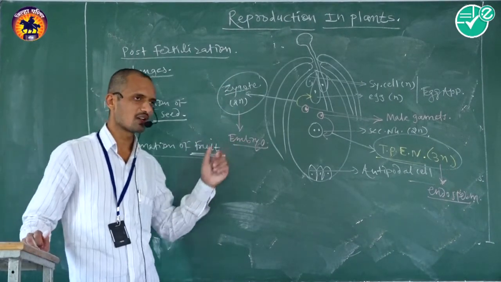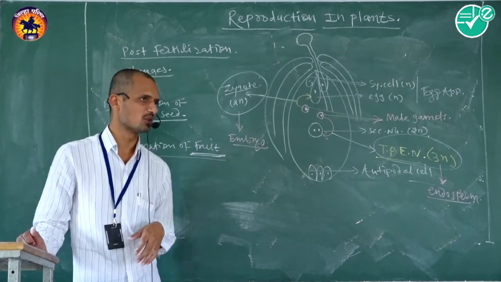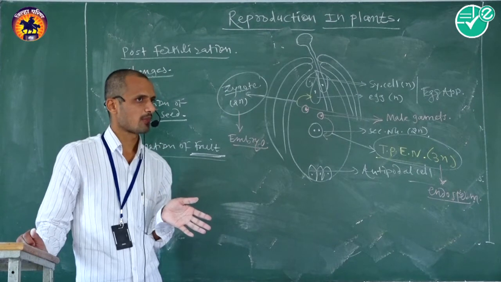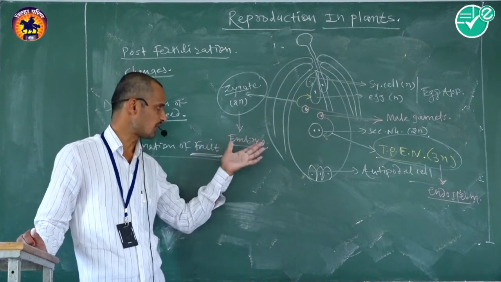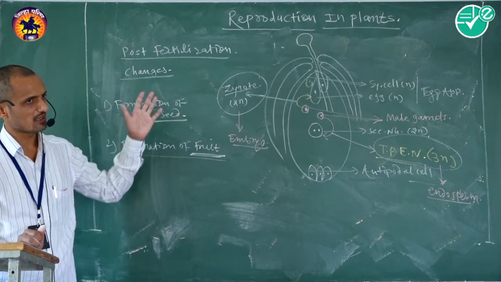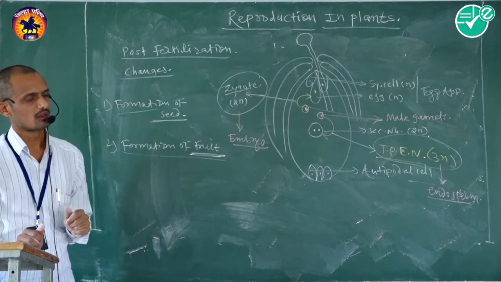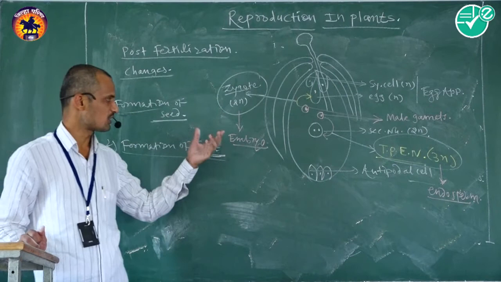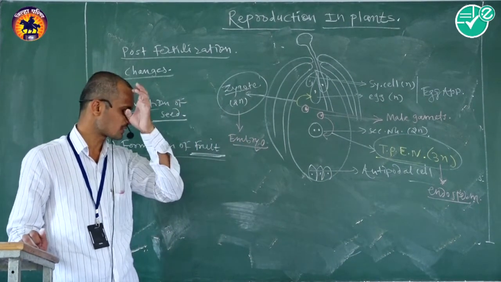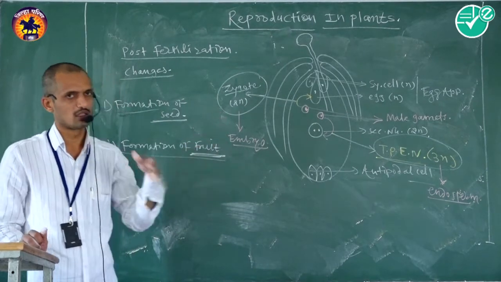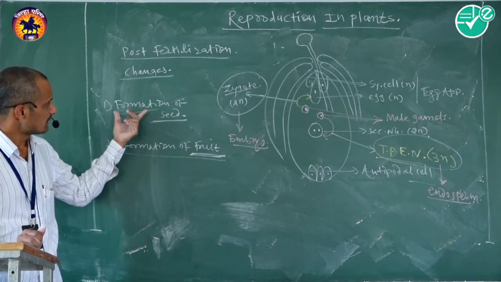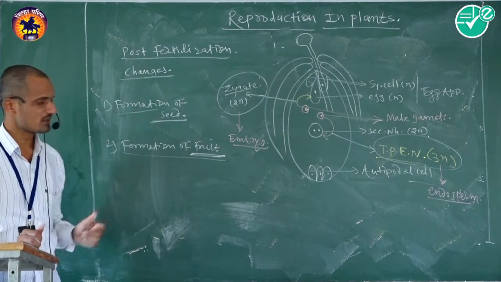If you look at the typical structure of embryo, it consists of cotyledons as well as radicle and plumule. Radicle, cotyledons and plumule are the parts of embryo. During seed germination, it develops the new seedling.